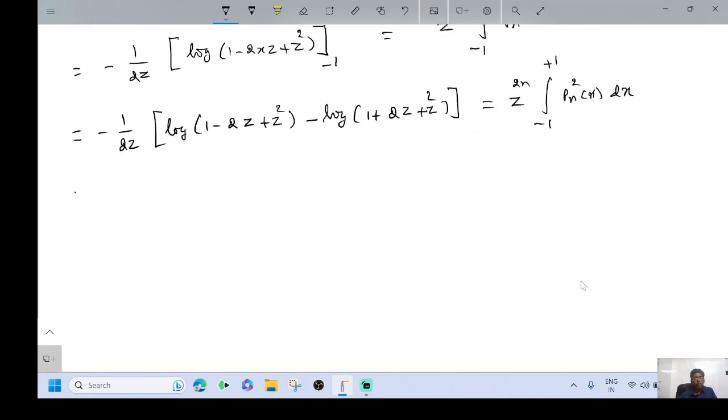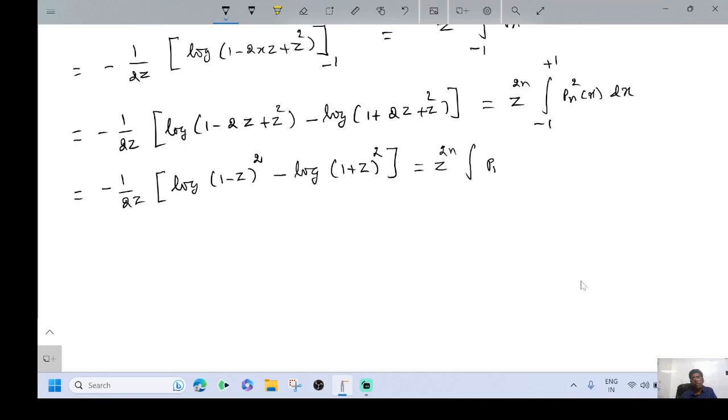This is equal to minus 1 by 2z times log of 1 minus z whole square, minus log of 1 plus z whole square, is equal to z power 2n integral pn square of x into dx, limit varying from minus 1 to plus 1.